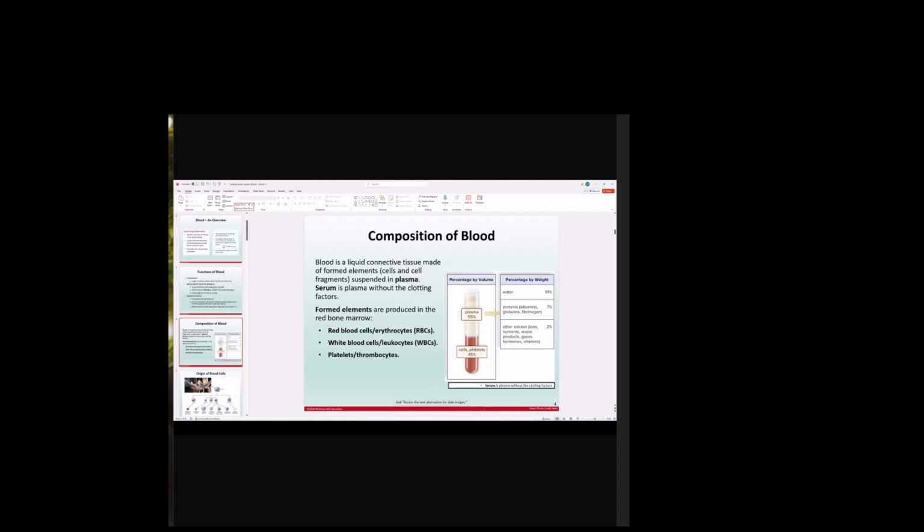So in terms of composition of blood, blood has a liquid portion called the plasma, in which are suspended cells and cell fragments.